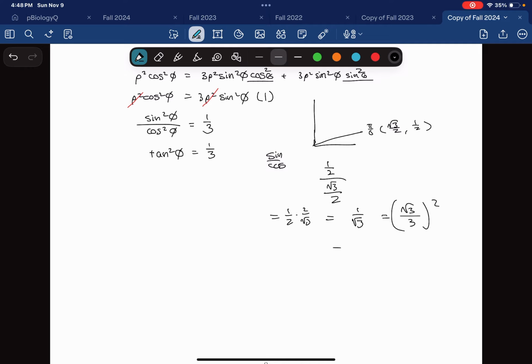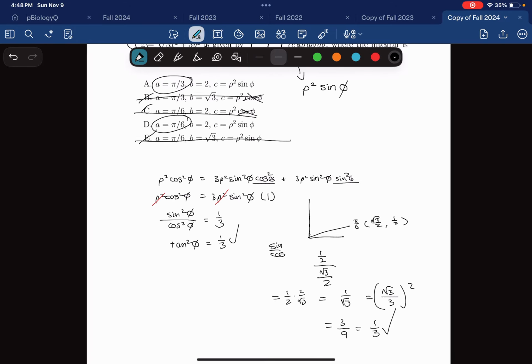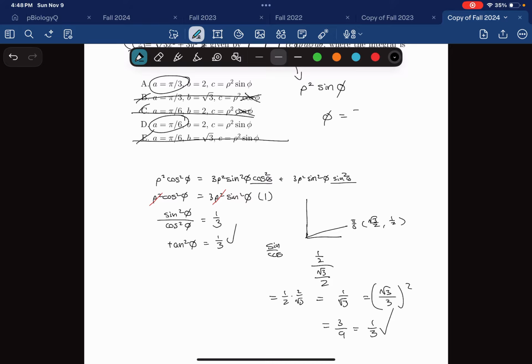Sorry, I mixed up sine over cosine and the values there, my bad, guys. You square that, you get 3 over 9, which equals 1/3. So these check out, and thus we know that phi is equal to pi over 6, which is why the answer is D.